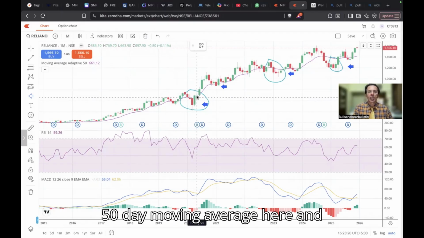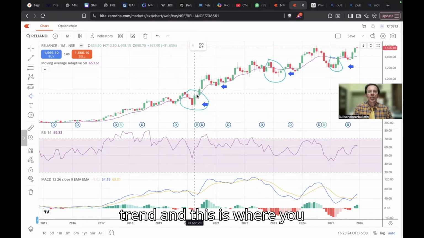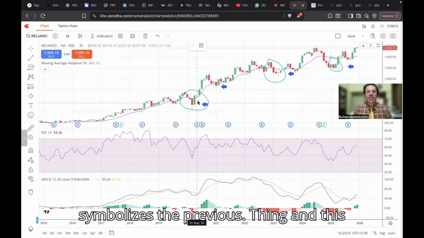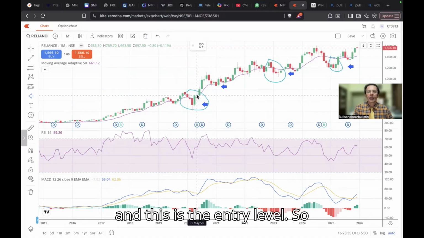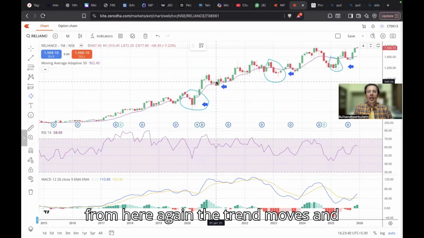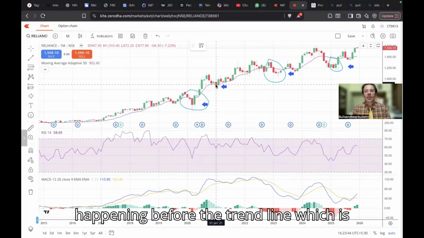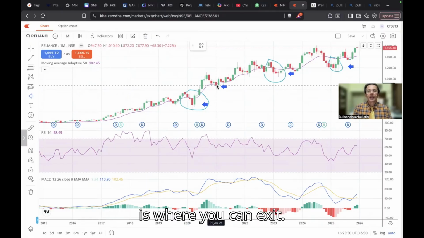Once it starts the upward trend again, this is where you enter. This blue mark symbolizes the previous swing, and this is the stop loss you should keep, and this is the entry level. From here, the trend moves, and you can see the close happening below the trend line, which is the 50-day moving average, and that is where you can exit.